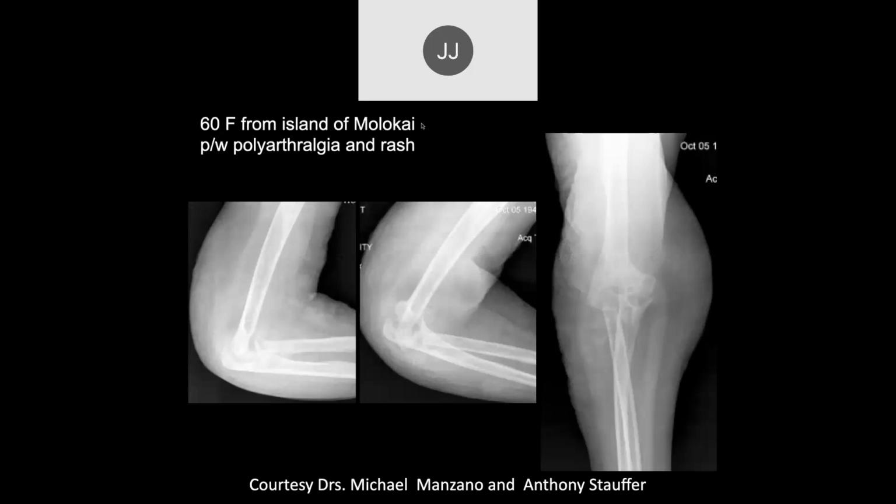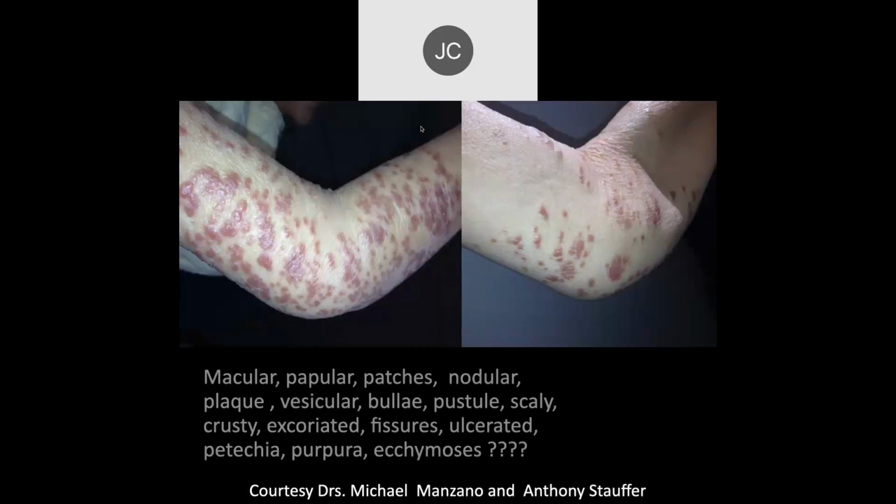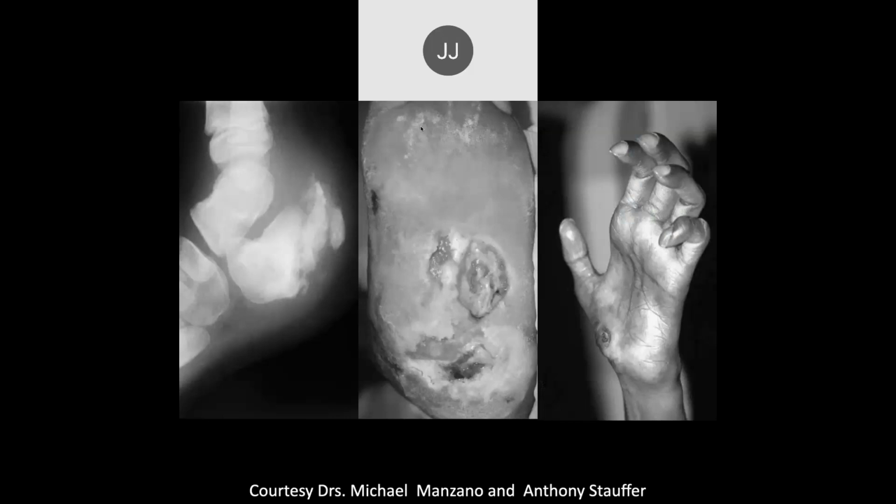Molokai was designated basically as a leprosy colony in Hawaii. That's what the skin looked like. And this is leprosy, or Hansen's disease, which is still endemic in the United States, but it's very hard to cure, though you can control it with antibiotics. It's endemic in Southern California. Yeah, armadillos.